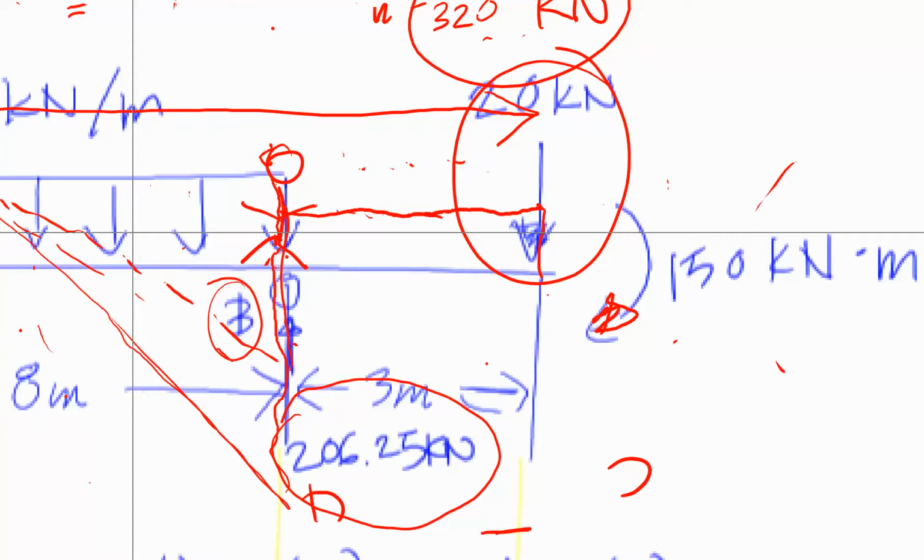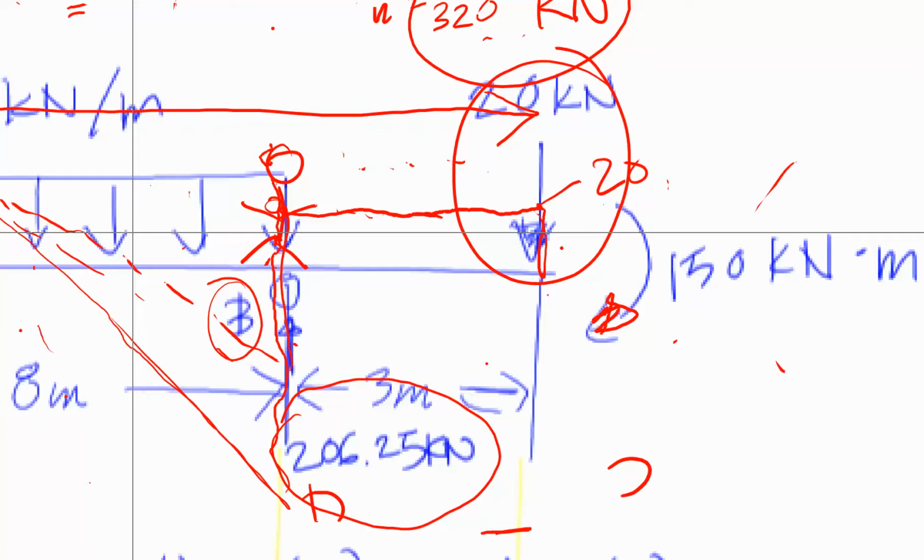So naturally, without even calculating this, if everything's done correctly, I know that this point right here is 20, because you have to go down 20 and we have to close the diagram. We always close our shear diagram.